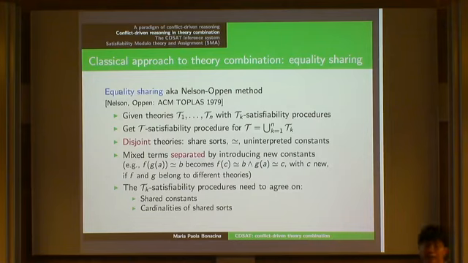It requires that the theories be disjoint, which means that they can share sorts, equality, and uninterpreted constants, but they do not share predicate and function symbols other than equality. It handles mixed terms by separating them, introducing new constants. This is pretty standard.